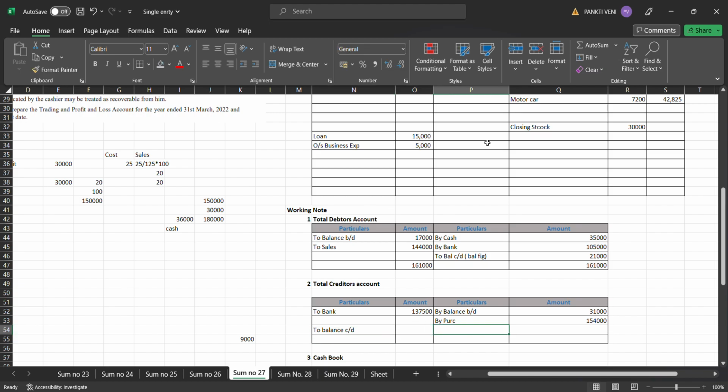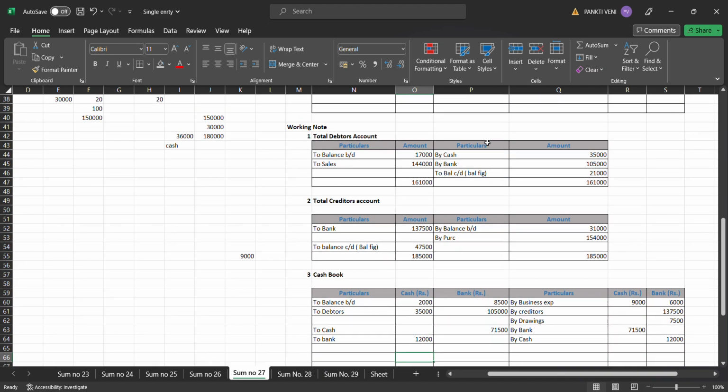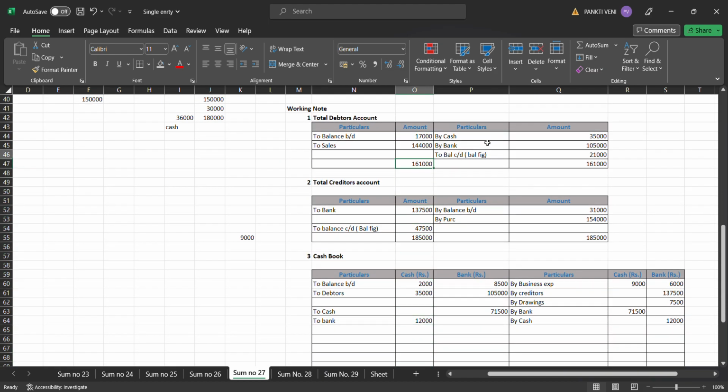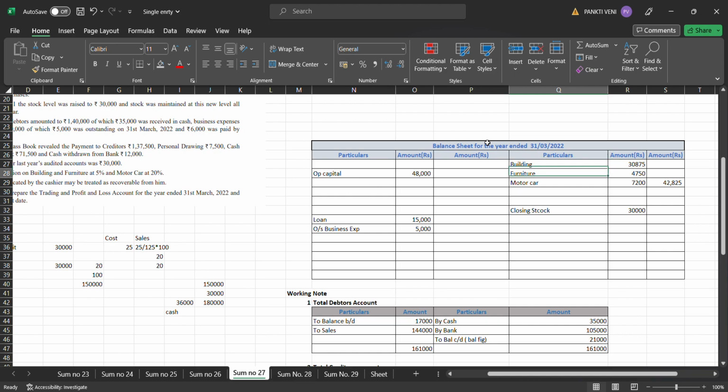I'll get that balancing figure here in my creditors as purchases. So the closing balance will be my balancing figure now. Balance carried down 1,85,000. Out of 1,85,000, less 1,37,500, 47,500 will be my balancing figure. So this part is done.